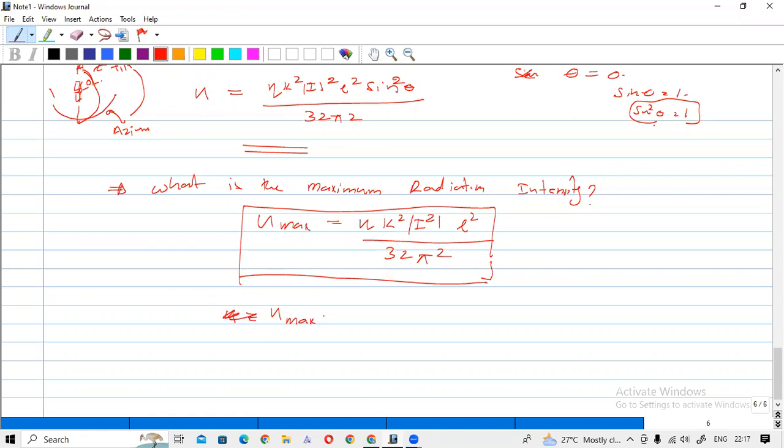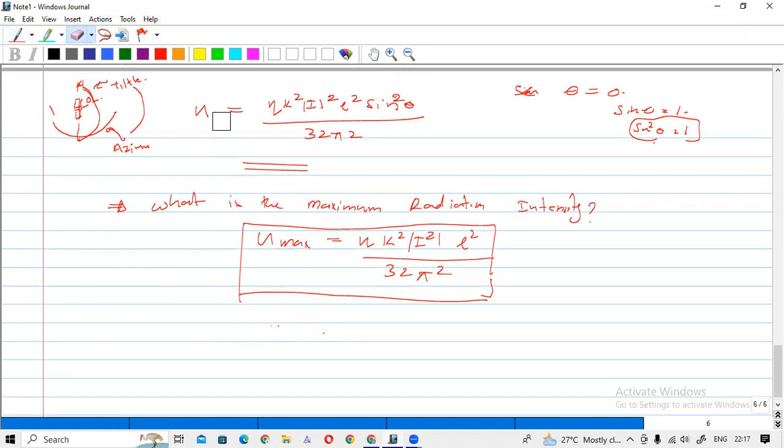Okay, so I think now you can understand what the radiation intensity is and what the maximum radiation intensity is. Because the radiation intensity is not uniform, there can be a maximum radiation intensity.